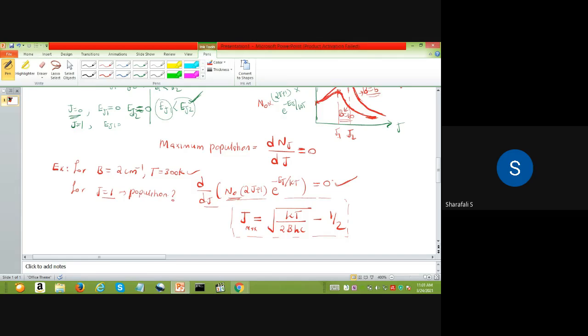If you substitute these values in that expression, then we will get nJ by n0. This is what you have to calculate. This is equal to (2J plus 1) into e raised to minus EJ by kT, so you have to calculate EJ also here with J equal to 1. Then that will give you some 0.98.